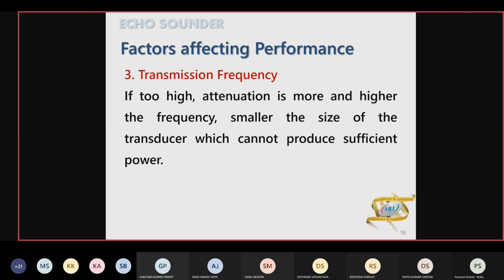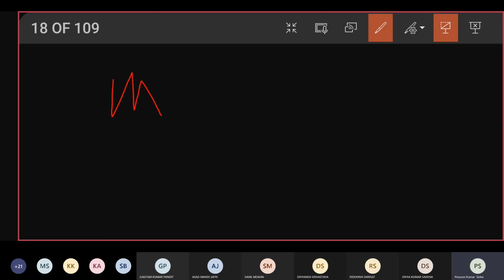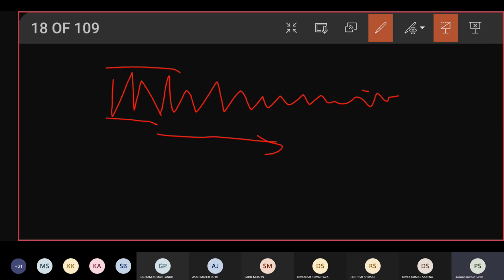नेक्स्ट. बहुत ज्यादा होएगा तो एटीन्यूएशन होएगी। Attenuation means loss of power. If I am producing a signal like this, as it is traveling, the signal keeps on reducing. यहाँ पे एम्पलीट्यूड ज्यादा है, यहाँ पे दूर जाते जाते कम हो। That's attenuation.